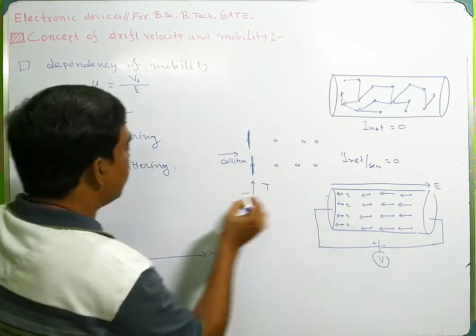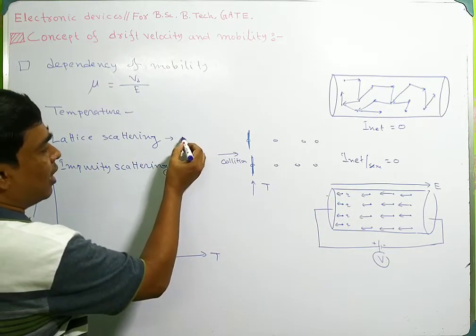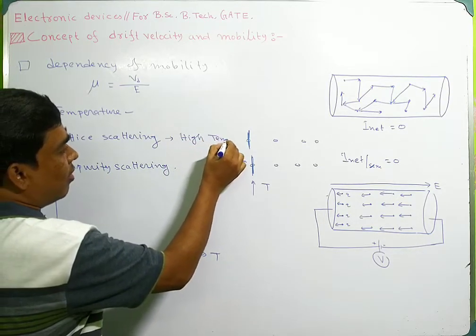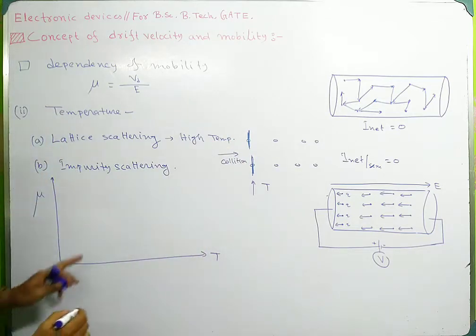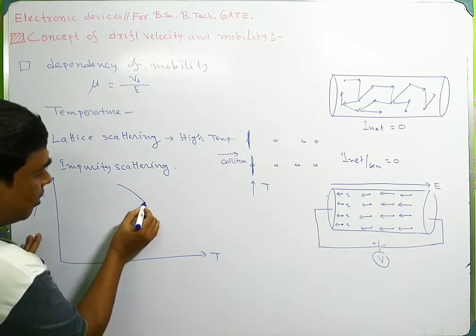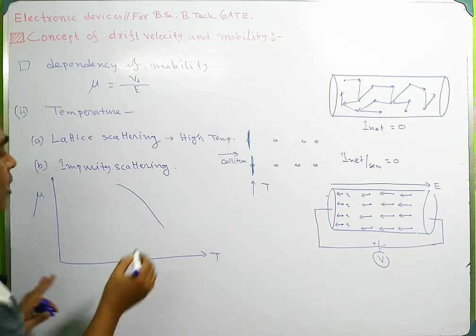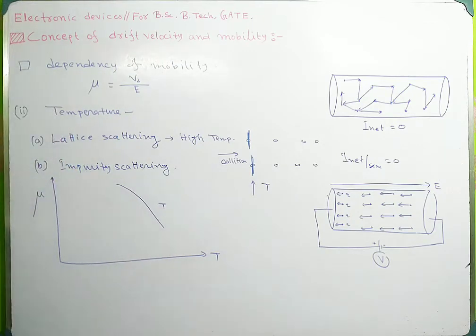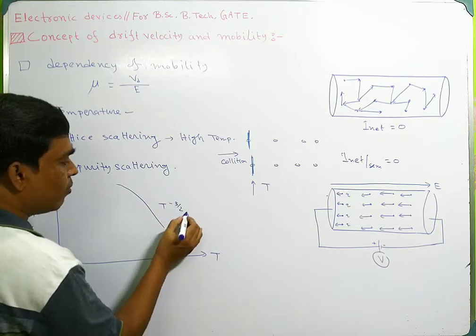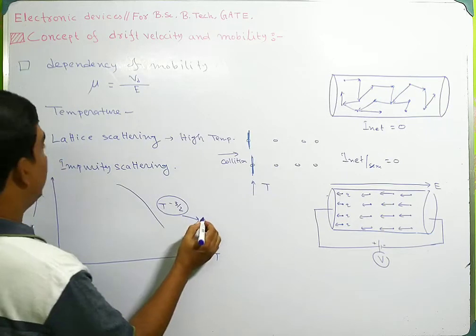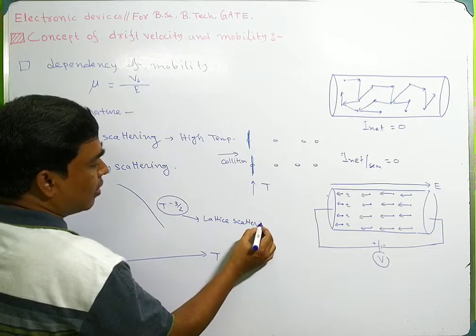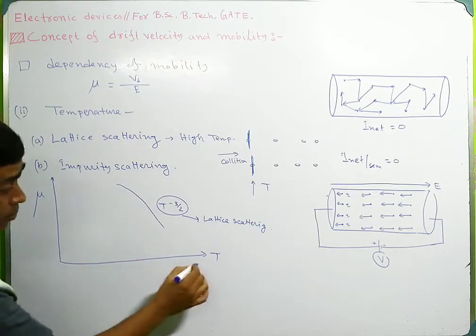At high temperature, the mobility will decrease with temperature as T to the power 3/2. This is for lattice scattering, and lattice scattering will occur at high temperature.